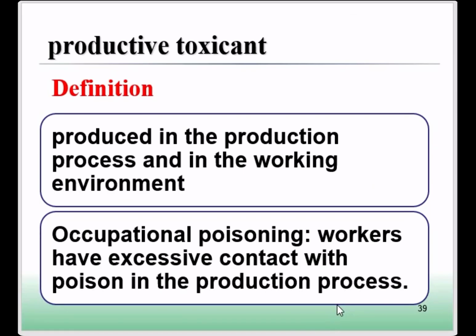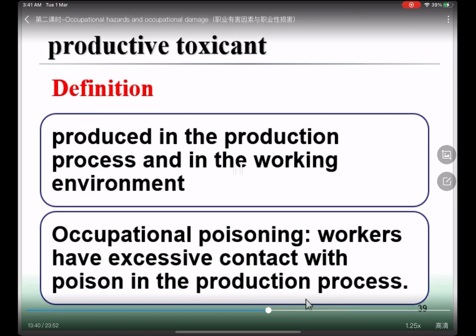Now let's talk about the definition of productive toxicant. The productive toxicant is produced in the production process and in the working environment. Occupational poisoning is caused by productive toxicant when workers have excessive contact with poison in the production process.